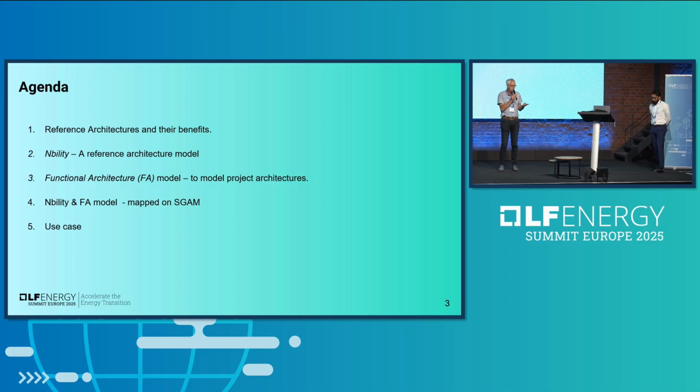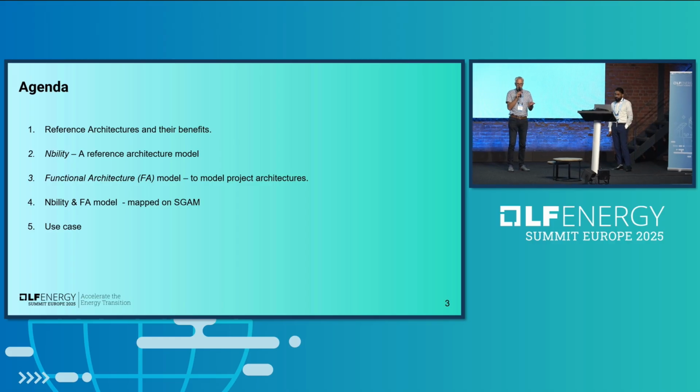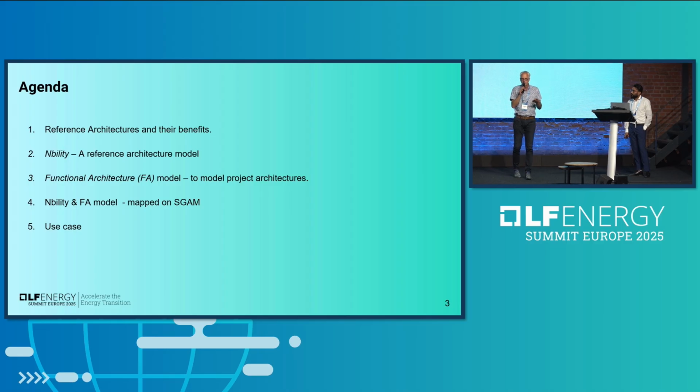So I want to tell you what we have done last year. Prince will tell you about the functional architecture as part of the LFE family. And we will end with a use case, an example where projects that you are in can benefit from these reference architectures to make the connection to the business.